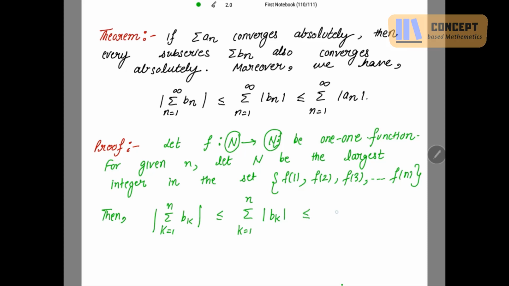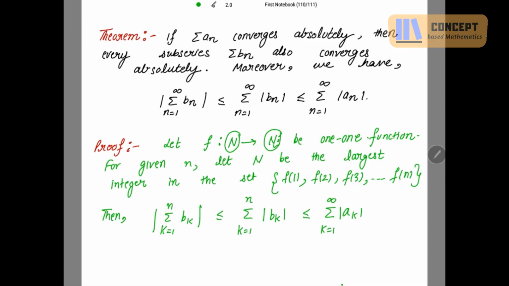This is less than or equal to summation k going from 1 to infinity. Obviously, this bk is a subseries of summation an, right? It is a subseries. So it's written here, if summation an converges absolutely, then every subseries summation bn. Because it is a subseries, this is less than or equal to the main series. Right? Okay.